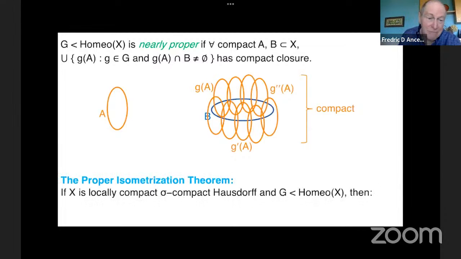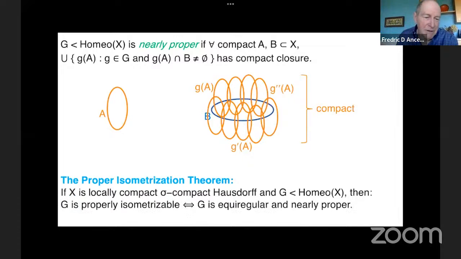And so then you can prove a proper isometrization theorem, which says that suppose your space is locally compact and sigma compact, and you have a group of homeomorphisms, then being properly isometrizable is equivalent to being equiregular and nearly proper.